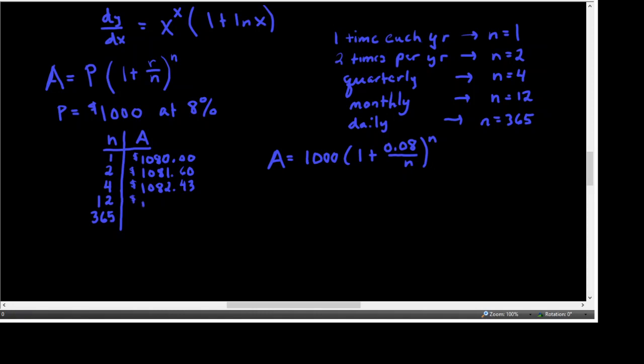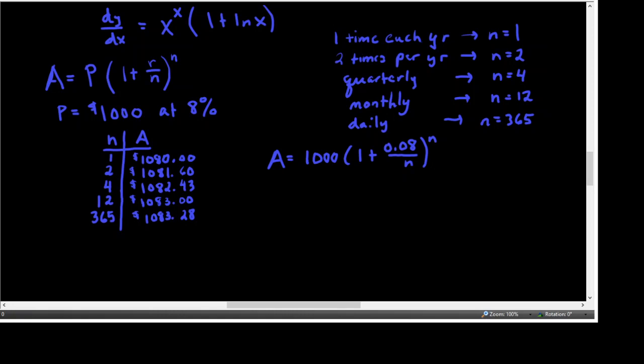Monthly, like my checking account, I get monthly interest, $1,083. And daily, $1,083.28. So it is increasing, but the amount it's increasing by seems to be slowing down.